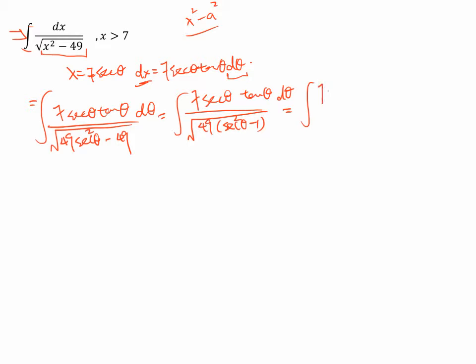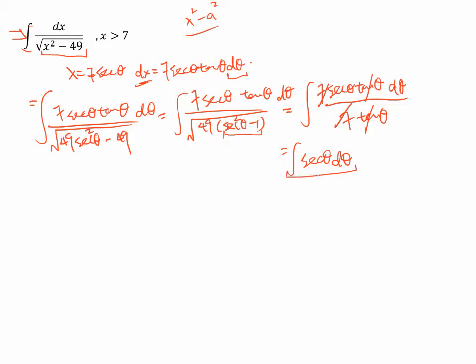Then this equals 7 secant theta tangent theta d theta over 7 tangent theta. So tangent theta cancels, and 7 and 7 cancel. My next step is the integral of secant theta d theta.